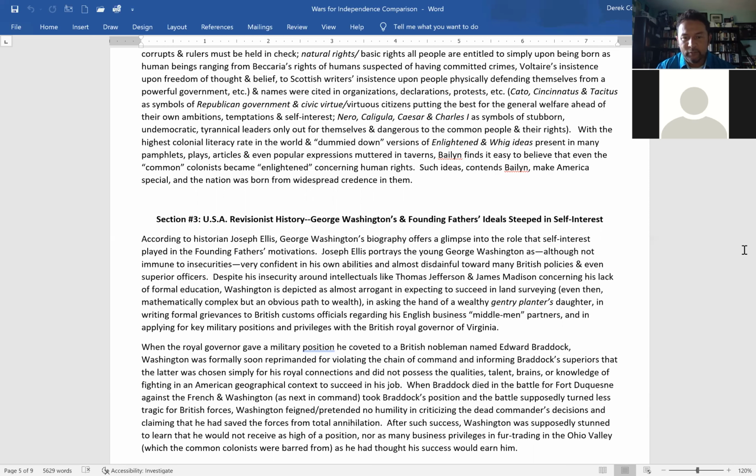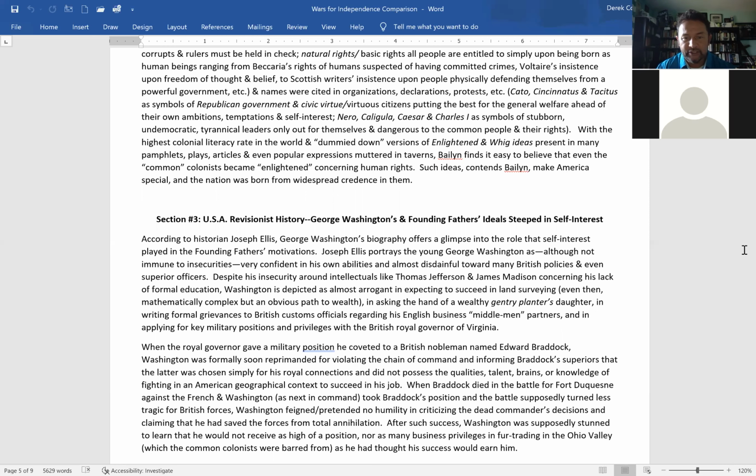And so, to what extent was the American War for Independence about sour grapes, about a contingent of Americans that didn't get what they wanted as far as their ambitions, and were smarting over that fact and were angry?